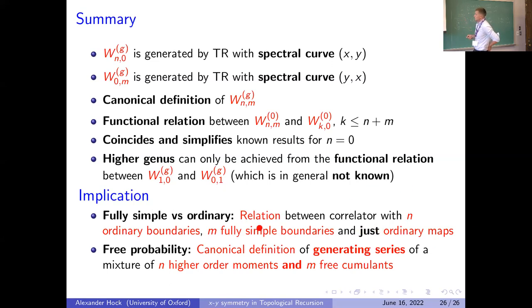And then the question is if this has also a canonical definition of generating series in higher order free cumulants and moments. I don't know if you can have that as well. That would be interesting. Yeah, thank you. Thanks very much.